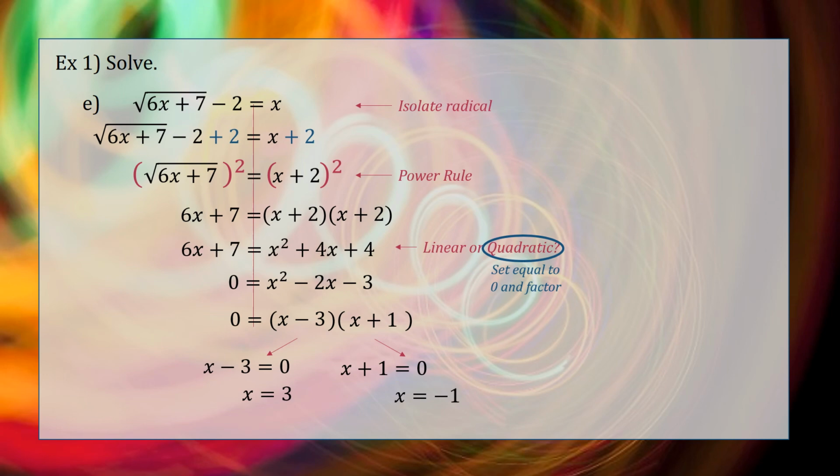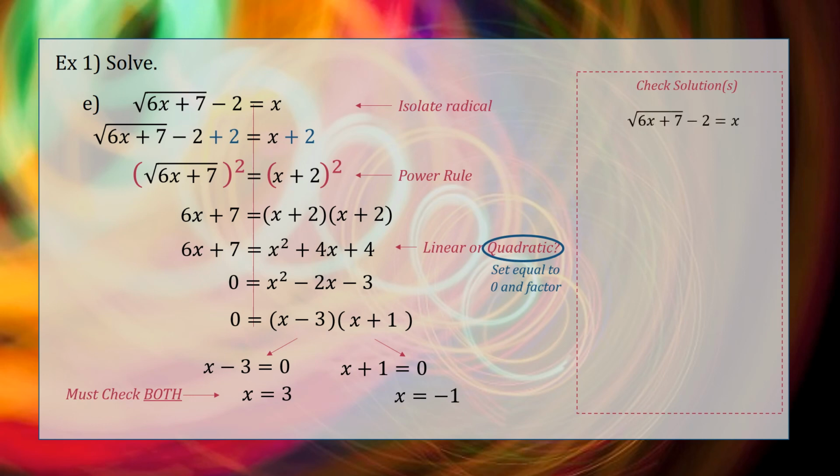Now again, we don't know if these are both our answers, so we have to take the time to check. So on the right side, take a moment now to check both of your solutions. Okay, let's see.